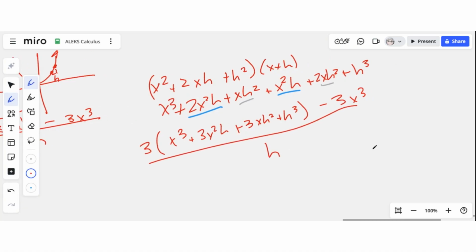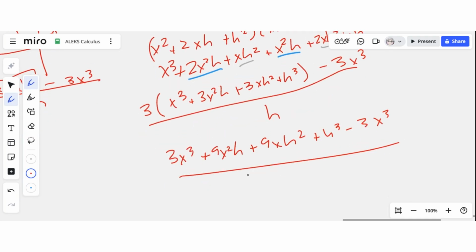Okay, I can see how this is going to work now. When I put the 3 through here, we're going to get 3x cubed plus 9x squared h plus 9xh squared plus 3h cubed minus 3x cubed, still all over h. But look, the 3x cubeds go away because you have a positive and a negative one. Everything else has an h in it.